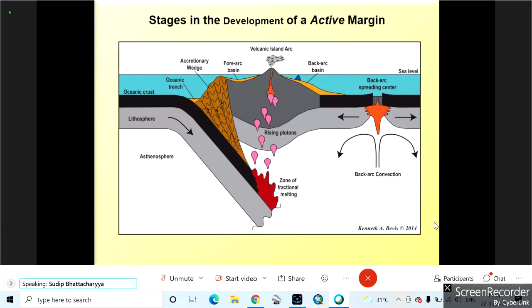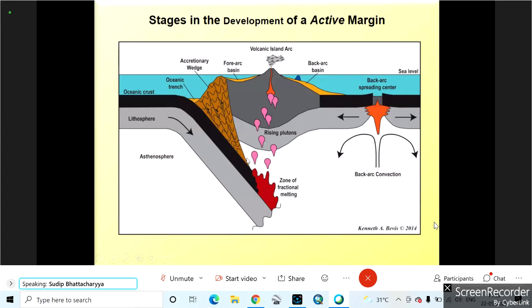So over that the sediments will be deposited, and this is a position where we get the oceanic trench. Everything should be mixed up: your island arc sediments, your oceanic pelagic sediments, and some magmatic rocks also will be there, because it is coming from a very great depth due to the accretionary thrusting, with partial melting, high pressure and high vapor, and a zone of fractional melting.